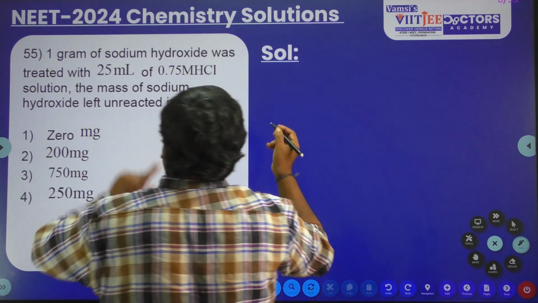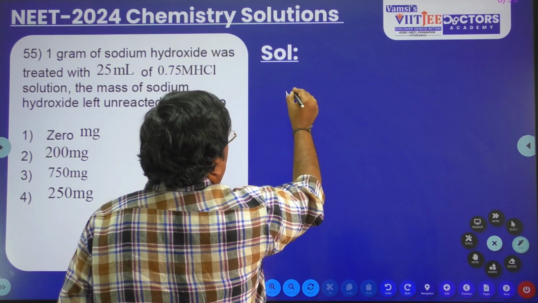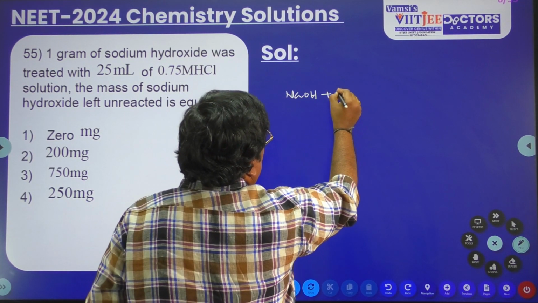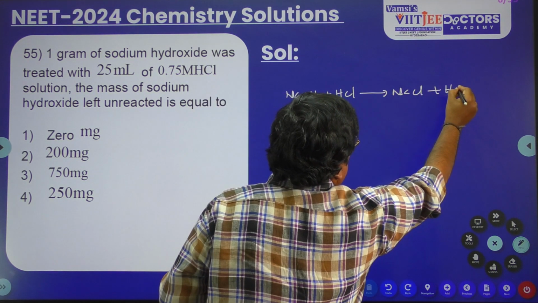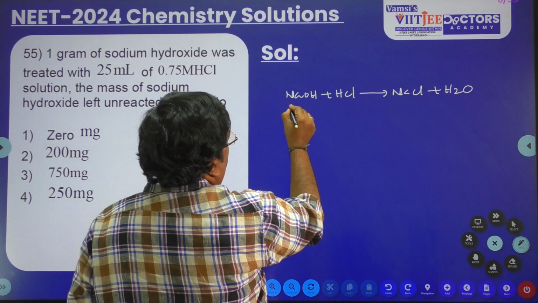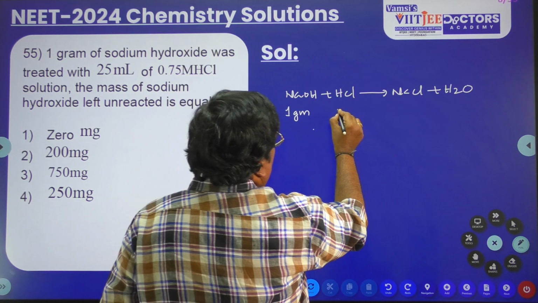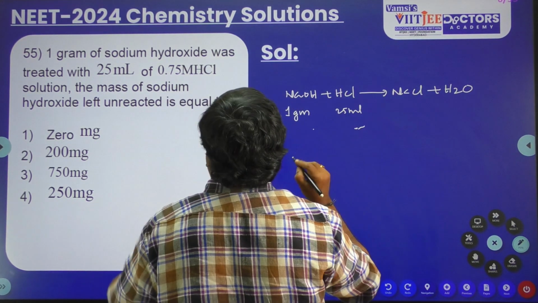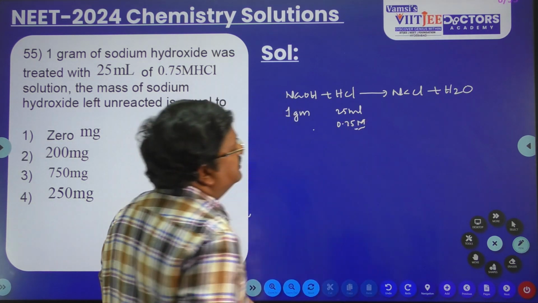The reaction between NaOH and HCl gives NaCl and water. Here 1 gram of NaOH is given, and 25 ml of 0.75 M HCl is given.